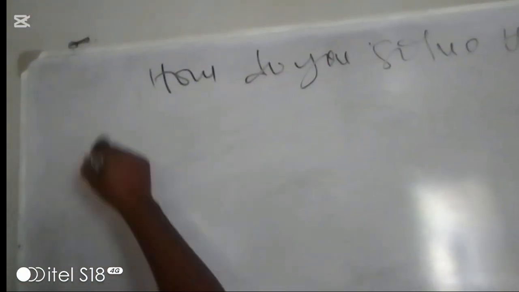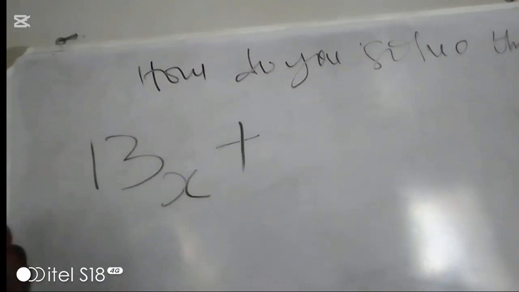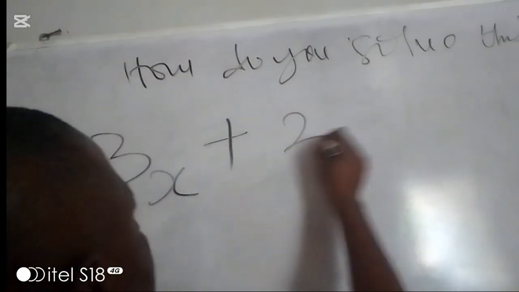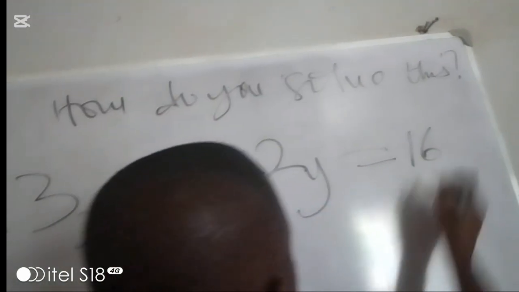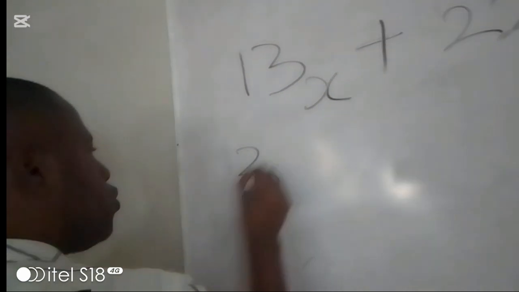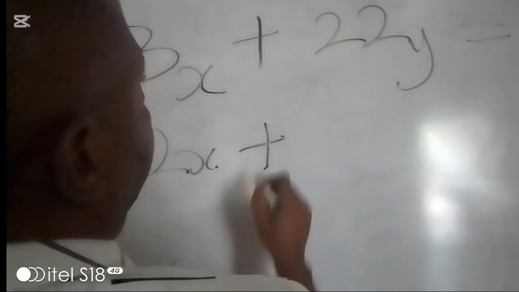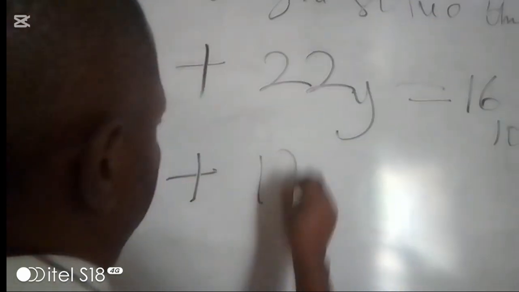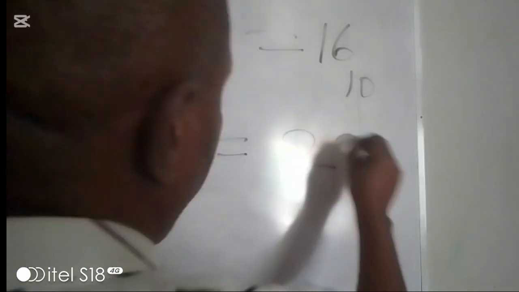You have 13 base x plus 22 base y equal to 16 base 10. And then you have 32 base x plus 12 base y equal to 22 base 10.